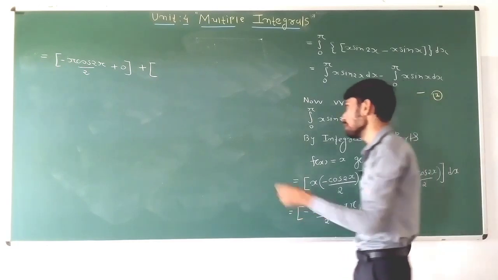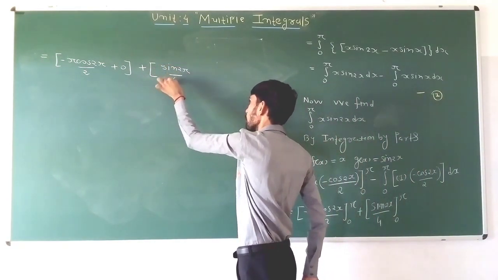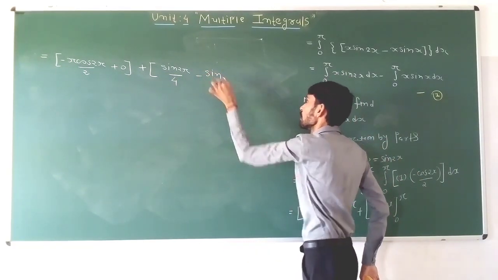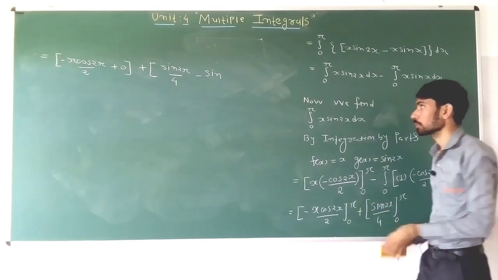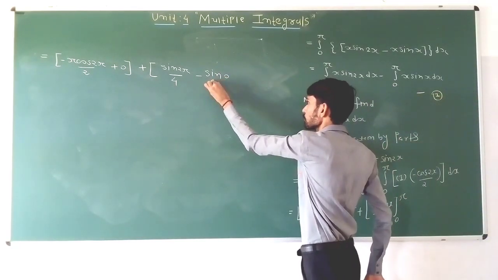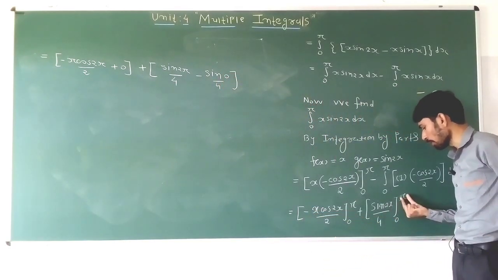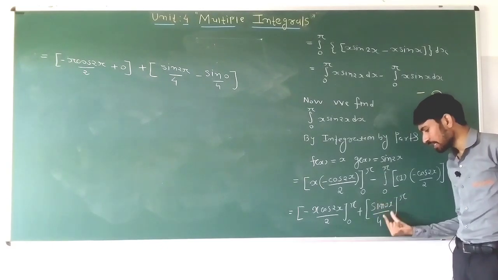So our term becomes sin 2 pi upon 4 minus sin 0 upon 4.